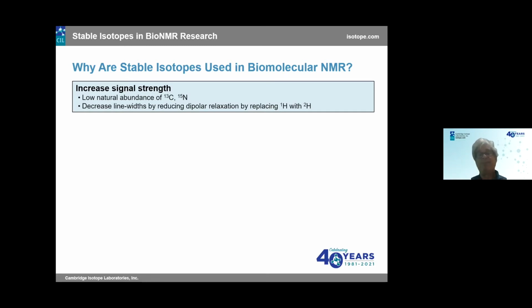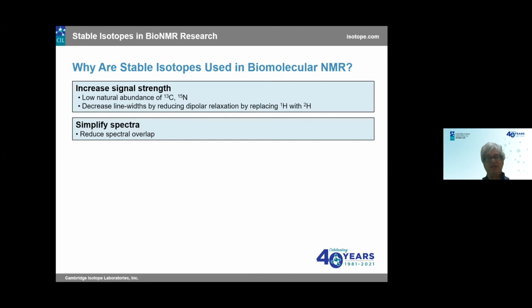And their line widths become broader due to dipolar relaxation. And one can fight against that by replacing hydrogens with deuterium in order to reduce that dipolar relaxation.